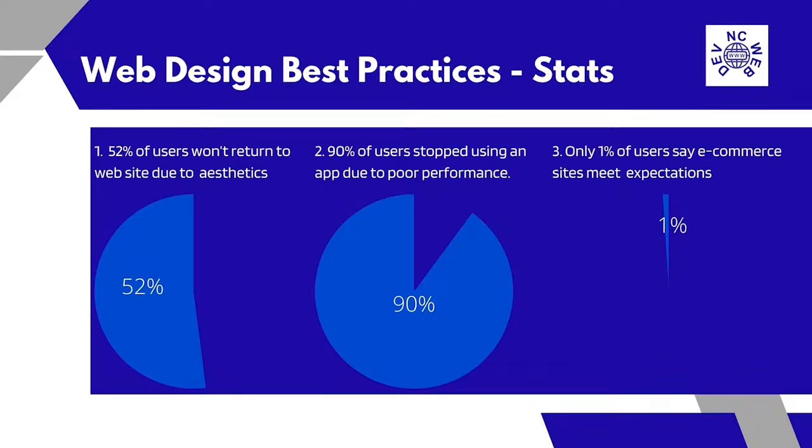This goes for everybody. Only 1% of users say e-commerce sites meet all their expectations all the time. So no matter what your design is, no matter what your website, how much you paid for it, this has nothing to do with one website in particular. This means that out of all the e-commerce sites, only 1% of your users are happy with the performance of your online store all the time.